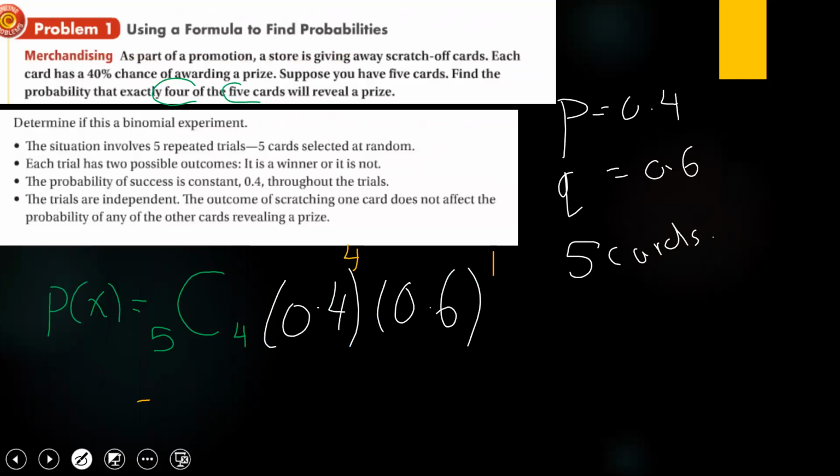Then we find the combination of 5 choose 4 as we know before, times 0.4 to the power of 4 times 0.6, and you will get that the probability of getting exactly 4 cards from 5 is 0.0768.